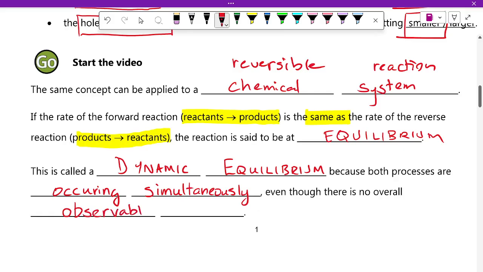Is there change? Yes, there's change at the particle level.